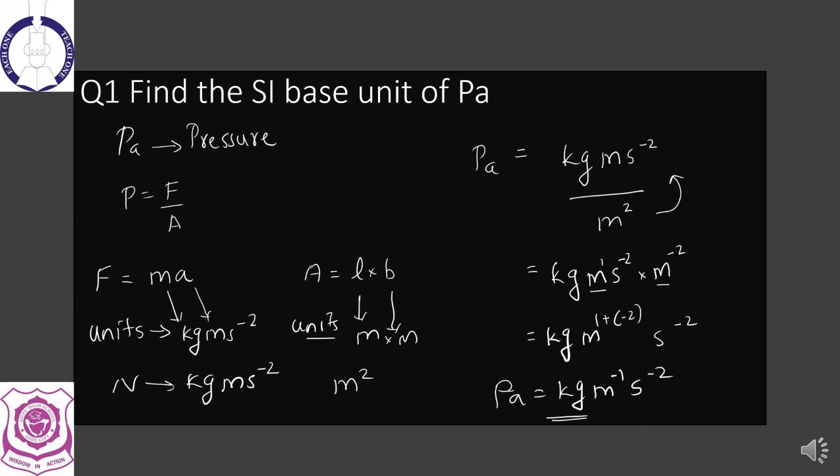The next question is to calculate the base unit of the derived unit watts. By following the same procedure, watts is representing power, and for power I'm going to use the equation energy over time.